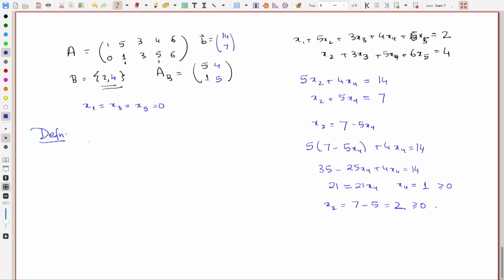A basic feasible solution is a feasible solution x in R n for which there exists a basic subset B of 1 to n.